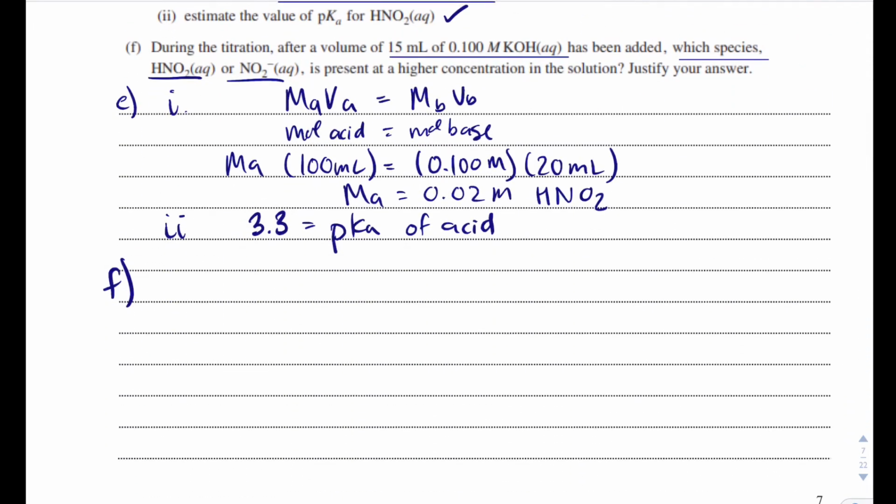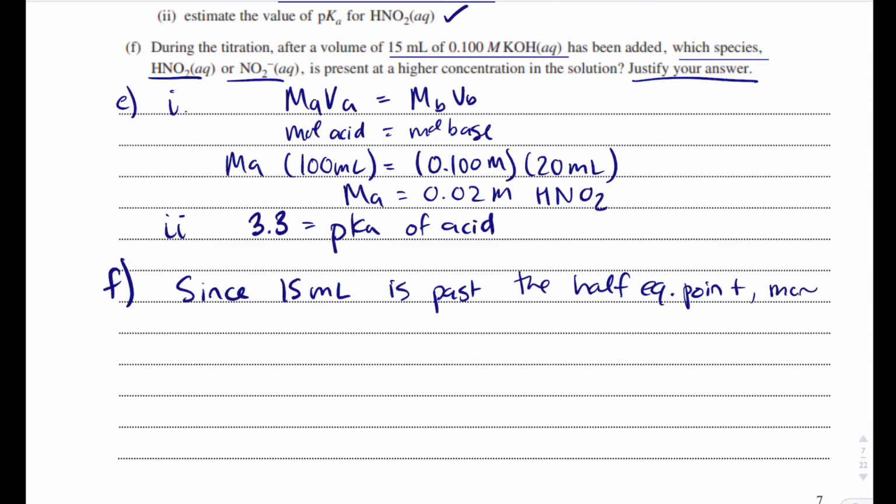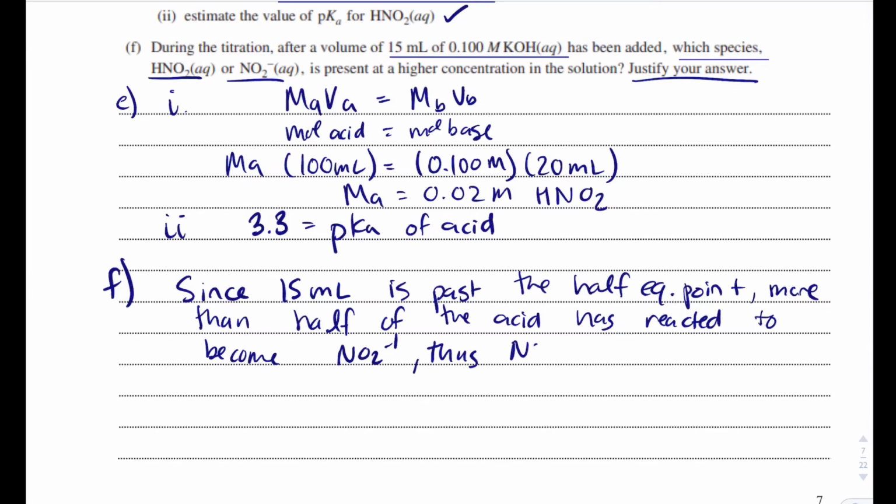So what I would say, because we have to justify it, is since 15 milliliters is past the half equivalence point, more than half of our acid has reacted to become NO2 minus 1. Thus, NO2 minus 1 is present at higher concentration.